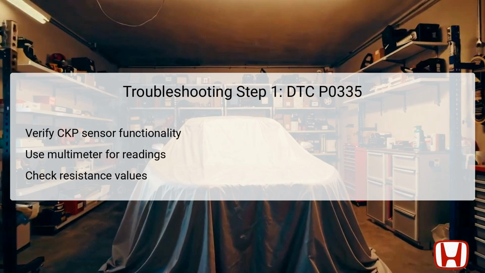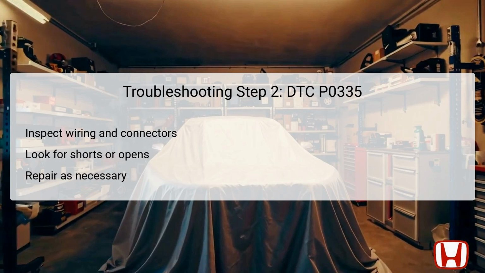If the CKP sensor appears to be functioning properly, we must proceed to evaluate the wiring and connectors associated with the sensor. After verifying the CKP sensor's functionality, the next step in troubleshooting DTC P0335 is to inspect the wiring and connectors associated with the sensor. It is essential to check for any visible signs of damage, such as frayed wires or corrosion at the connector pins.